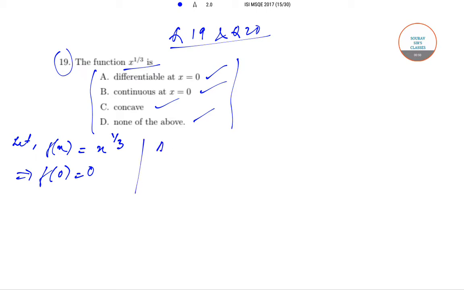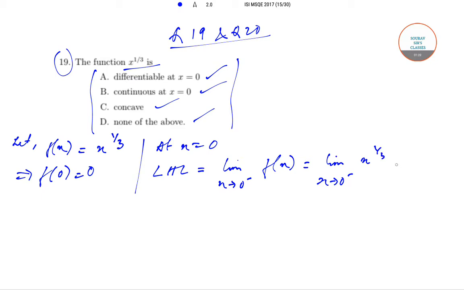Now at x equal to 0, left hand limit will be given by limit x tends to 0 minus f of x, which will be given by x to the power 1 by 3.